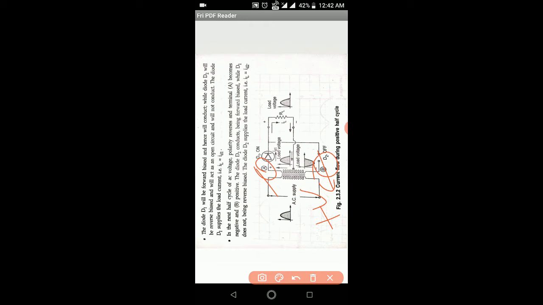Then diode D2 conducts, so diode D2 will be on, and diode D1 does not conduct, so diode D1 will be off. In this case, diode D2 supplies the load current, that is IL equals ID2.